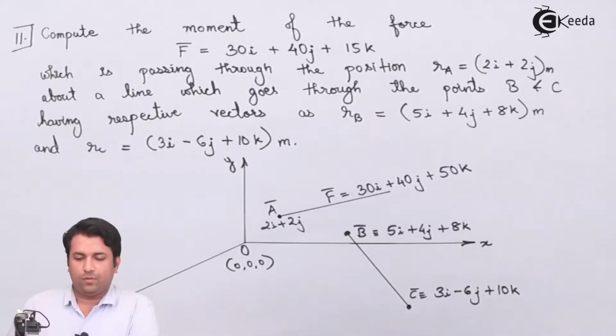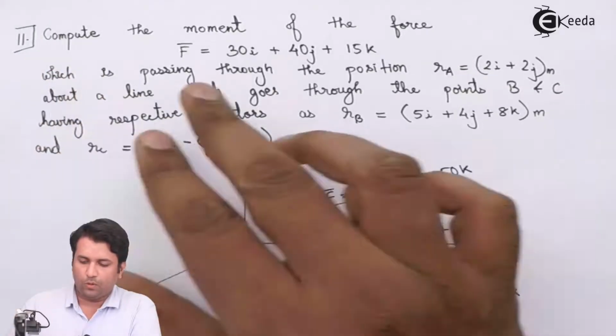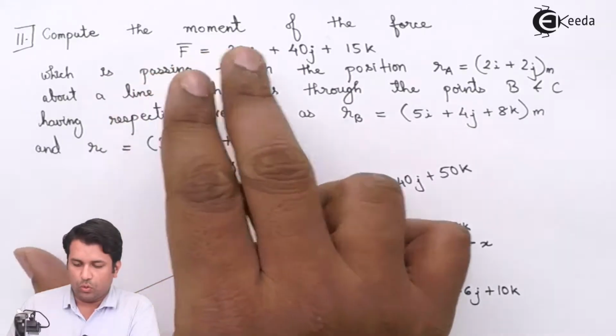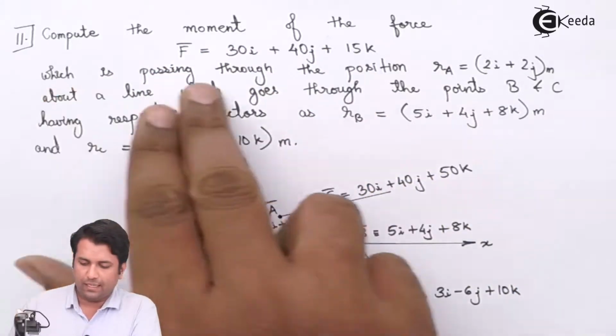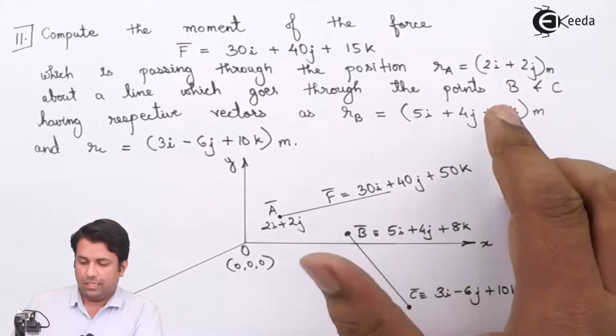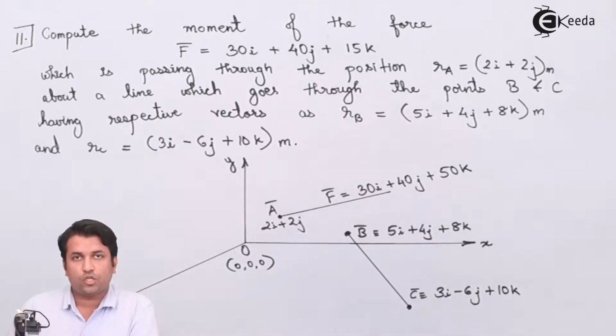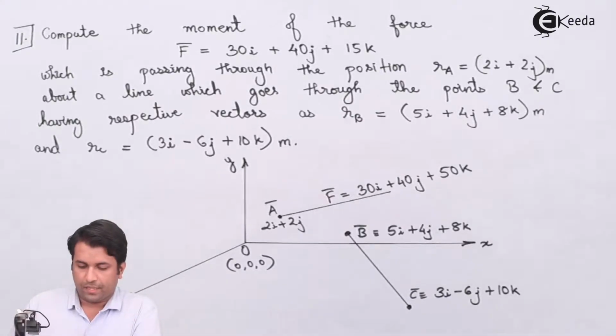Now, in this example you can see that we have to compute moment of the force wherein the force vector is known to us, which is passing through the position vector. That means the position vector is known for the force rather than giving the 2 points through which the force is passing.